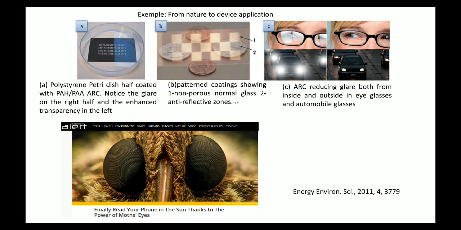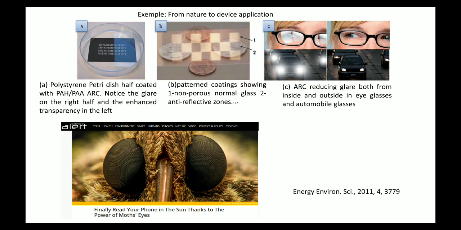The image A is basically a polystyrene petri dish. You all are aware about the petri dish. But this is a polystyrene petri dish, half coated with PAH/PAA. This is some chemical organic polymer material.